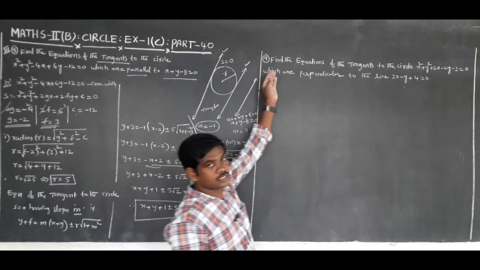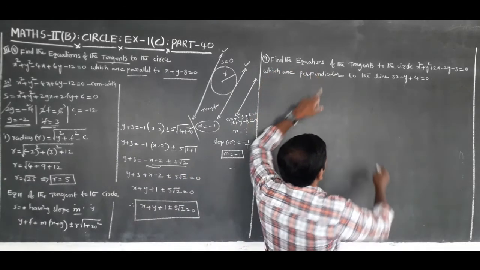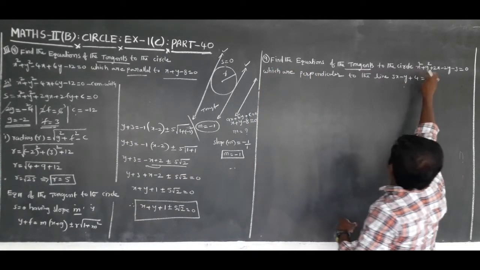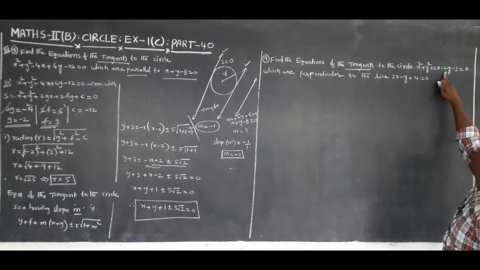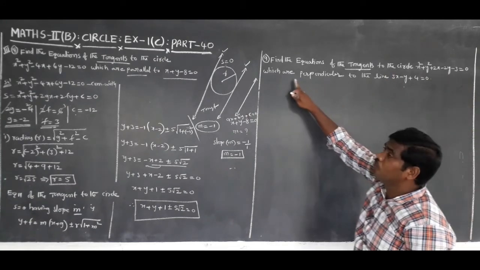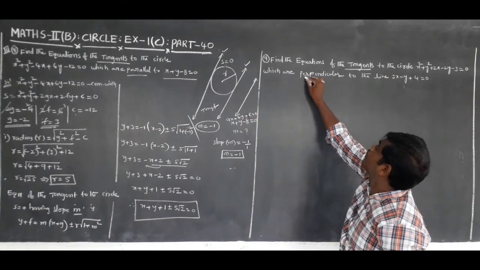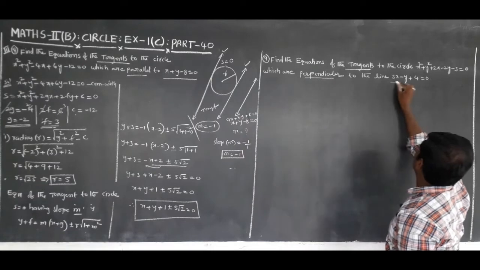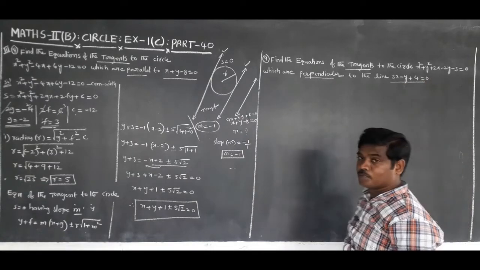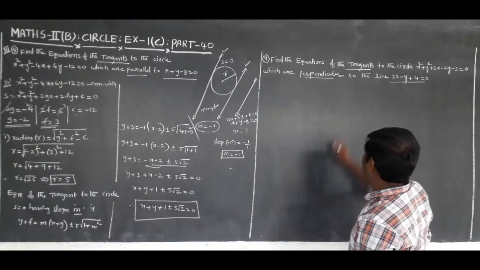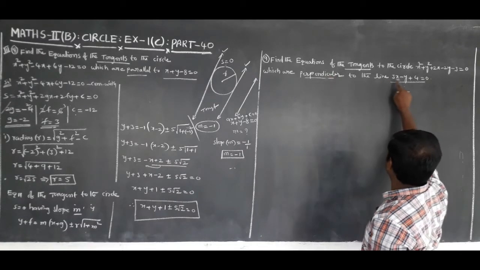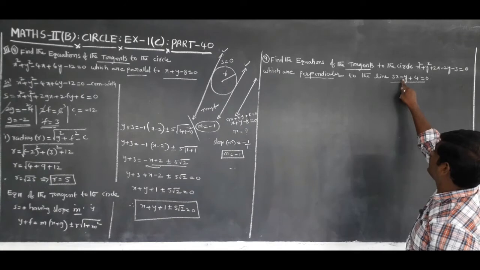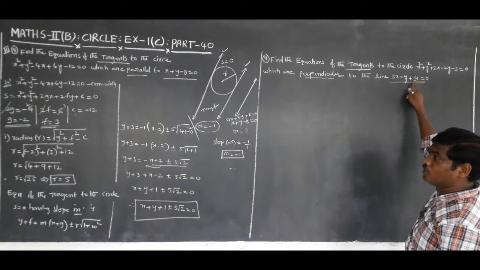The second one is: find the equations of the tangents to the circle x² + y² + 2x - 2y - 3 = 0, which are perpendicular to the line 3x - y + 4 = 0.